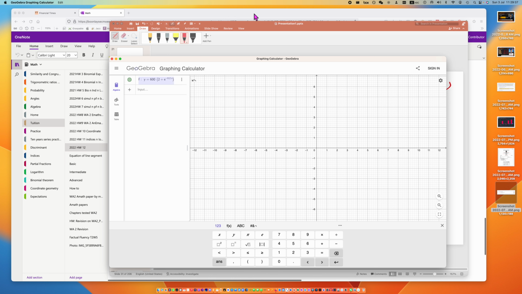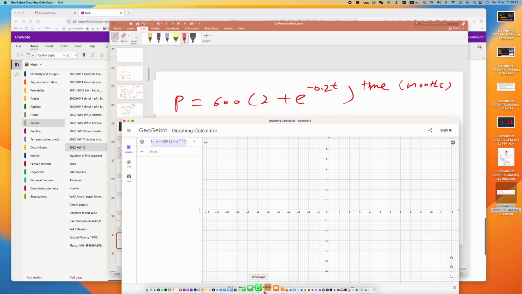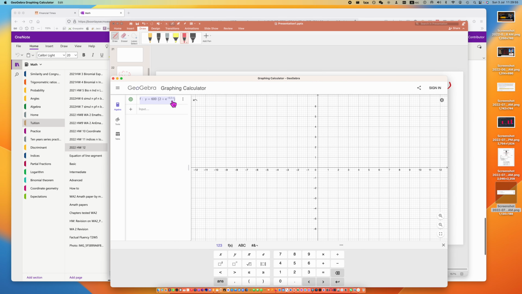So 600, then 2 plus e to the power of negative 0.2x. Oh, maybe I cannot key in E like this. Maybe I should use their E. Yes, I need to use their E. No, doesn't work.